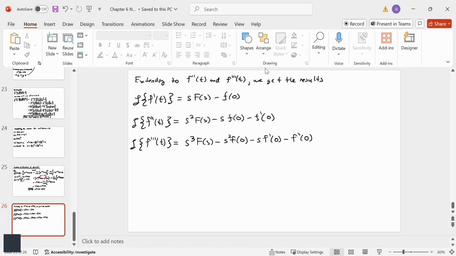And then the function starts at the Laplace transformation F of s, and then it's going up in derivative starting with f, f prime, f double prime. But it only goes up to the n minus 1 derivative. So notice that this is only the second derivative, not the third derivative, which is a common thing in differential equations. So generalizing this pattern.